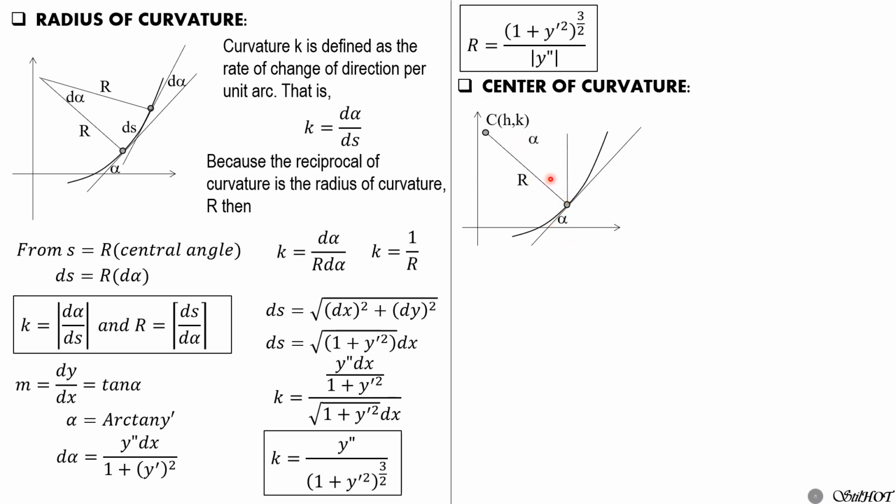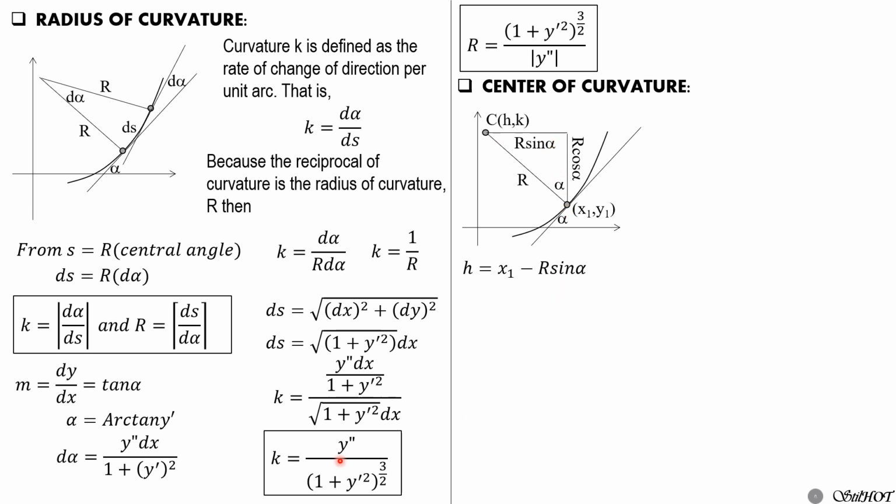This is alpha. Then we can form this right triangle. If we denote this as x1 comma y1, then this is r sine of alpha, while the vertical distance is r cosine of alpha. So h is equal to x1, then minus r sine alpha.